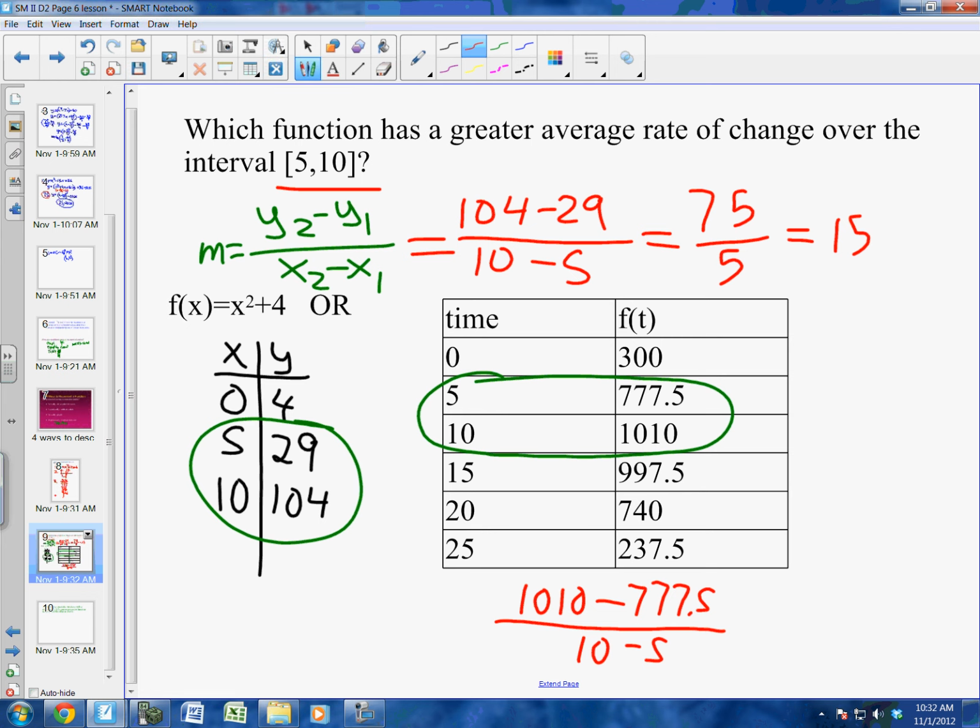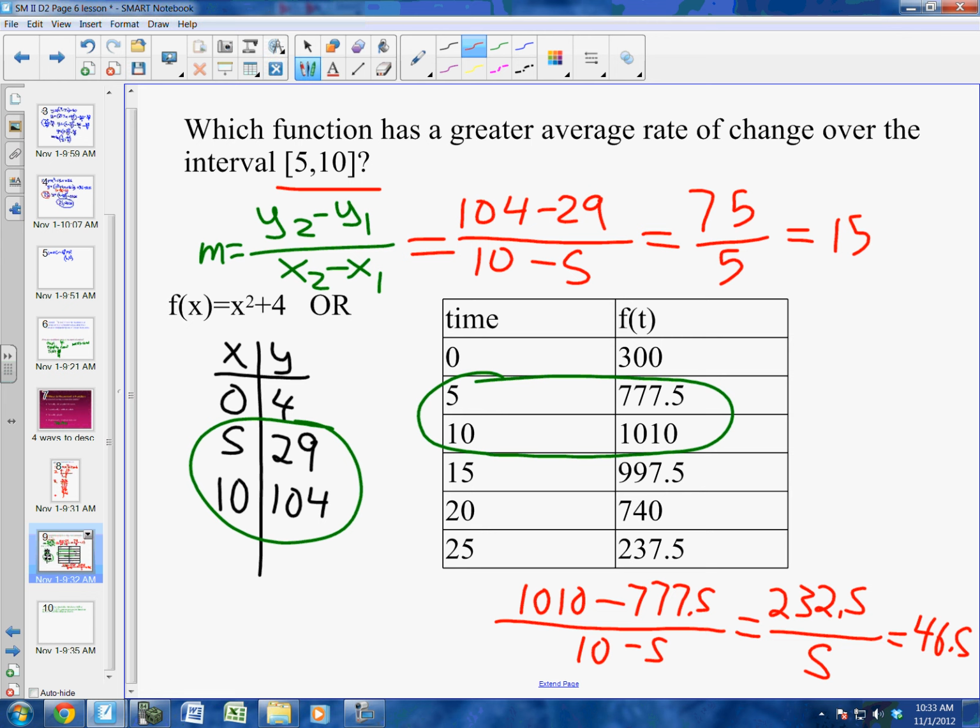What is it? 232.5. Does everybody agree? Over 5. What's 232.5 divided by 5? 46.5.